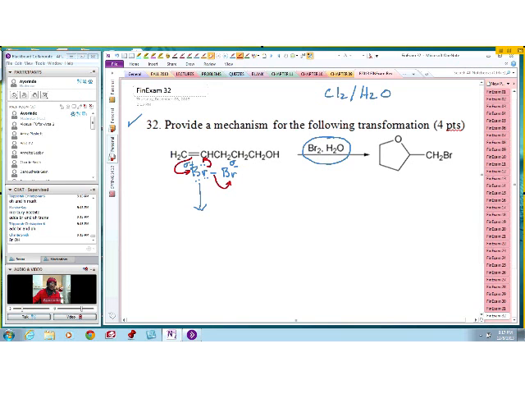Okay? So all of these are happening at the same time. And so therefore, what do we have as the intermediate? We form this.